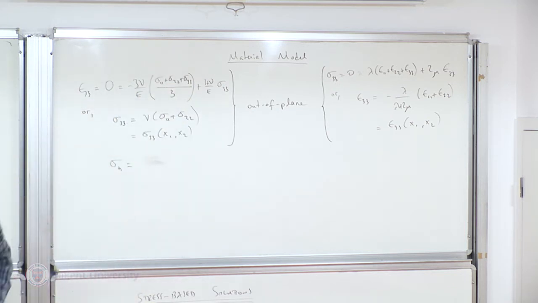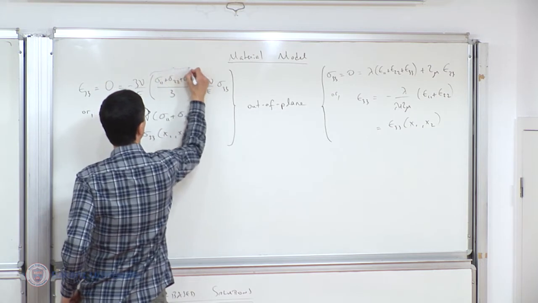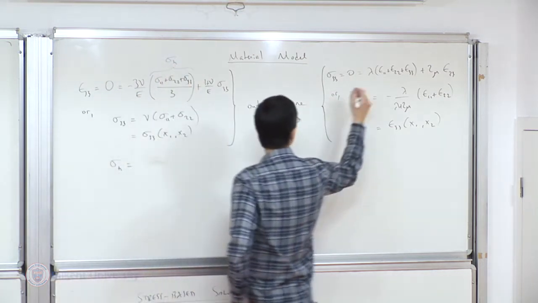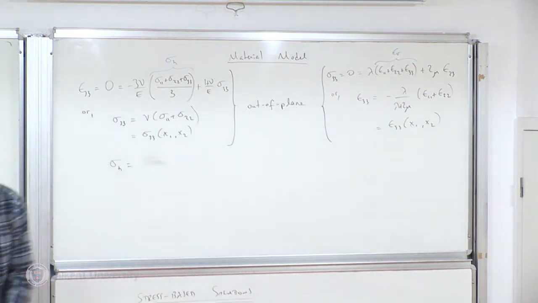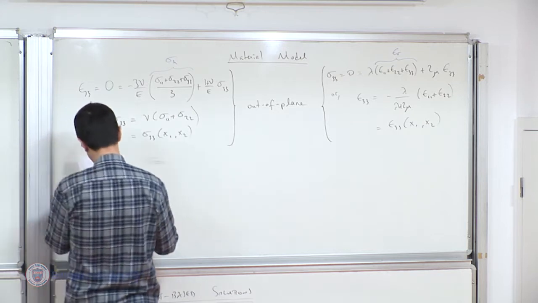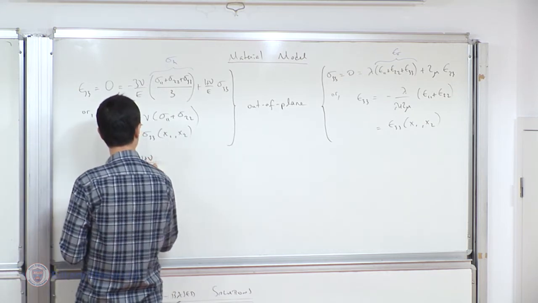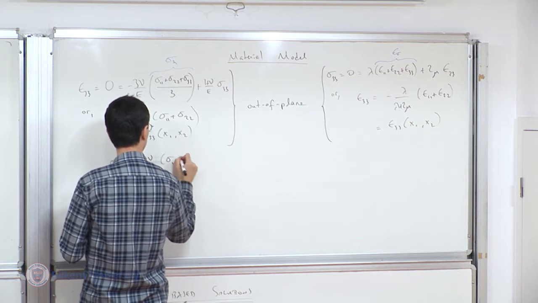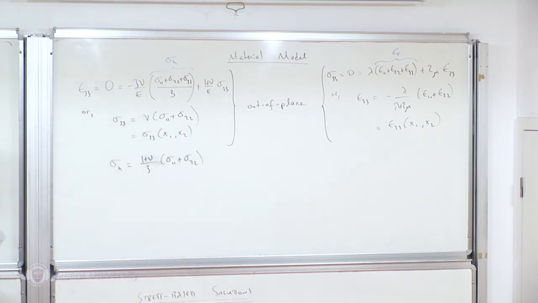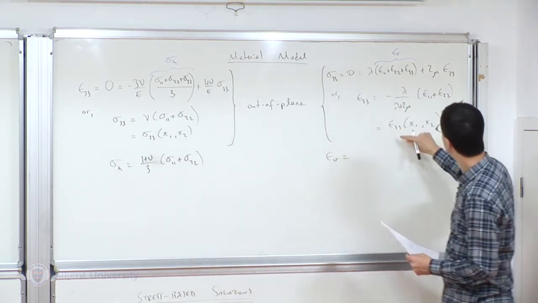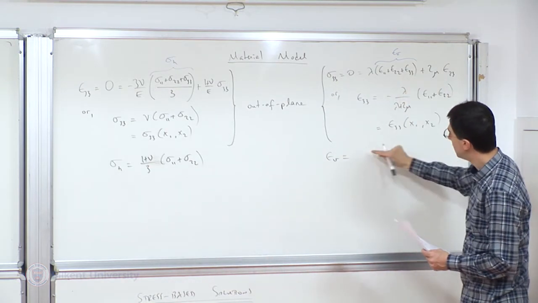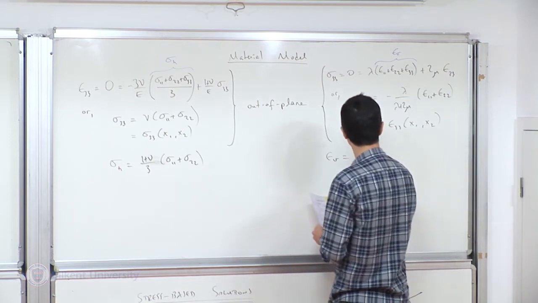And that's sigma h. And that was, by the way, the volumetric strain. And I can have an expression for sigma h only in terms of 1,1 and 2,2 components. Okay? So by directly substituting that in there, I obtain an expression for sigma h in terms of 1,1 and 2,2. And here, I can obtain an expression for epsilon v by substituting this in there in terms of 1,1 and 2,2.